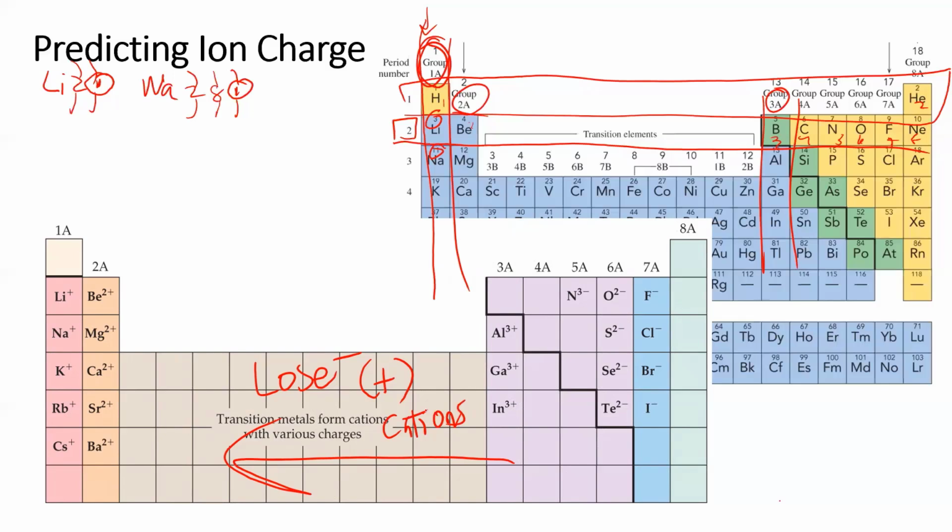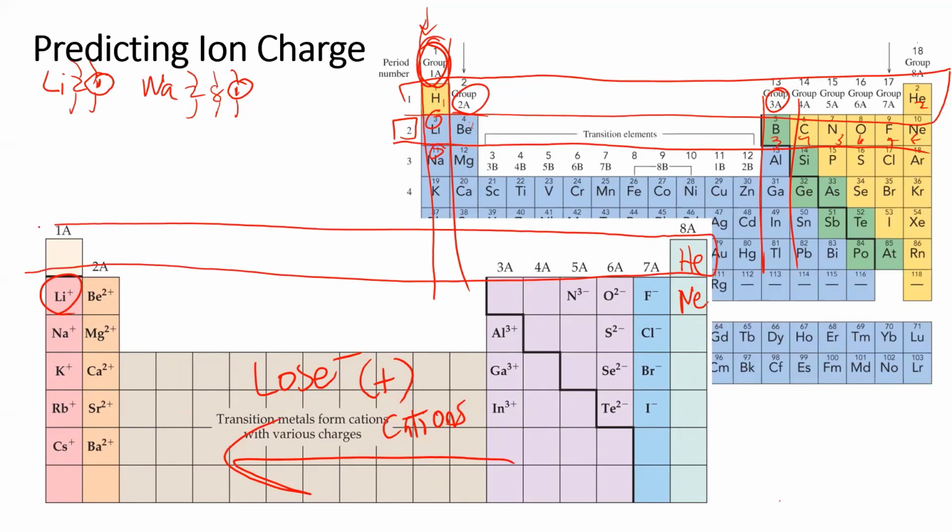Why? Well, here's lithium. It wants to be one of the noble gases, so it has 2 choices. It could be like helium, or it could be like neon. To be like helium, it only needs 2 electrons in its first shell.